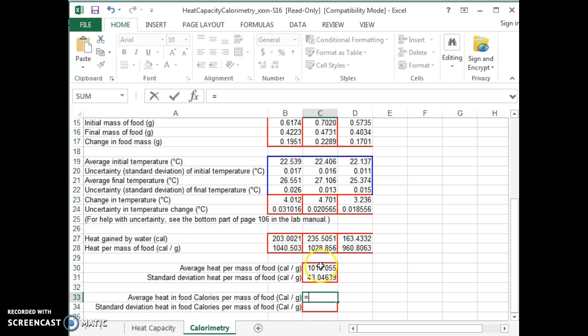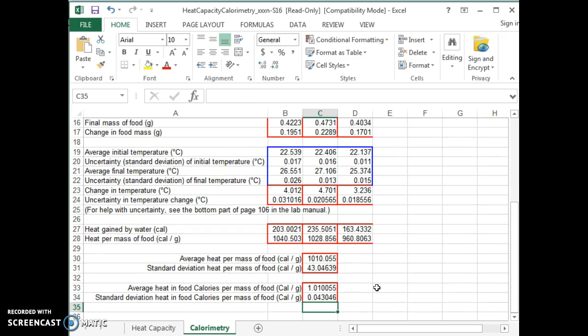So equals this number divided by 1,000. That's all you do. And then the next cell, C34, is C31 divided by 1,000. There. All right, so that's how you do the spreadsheet.